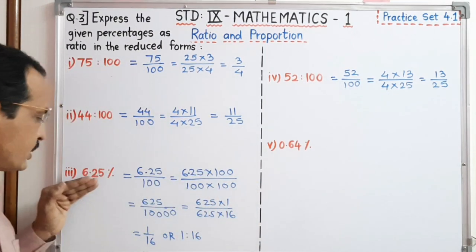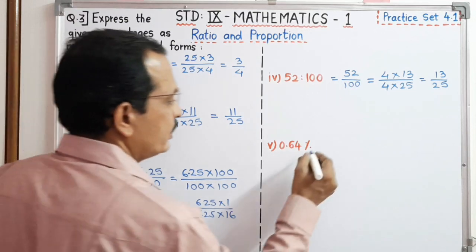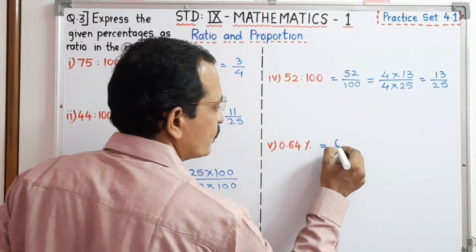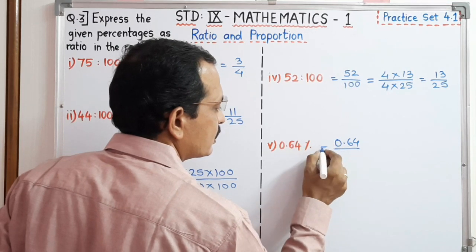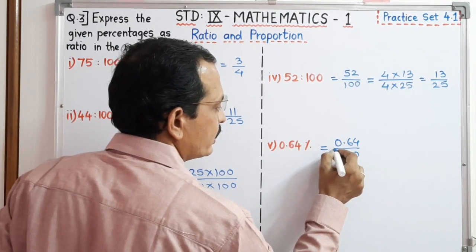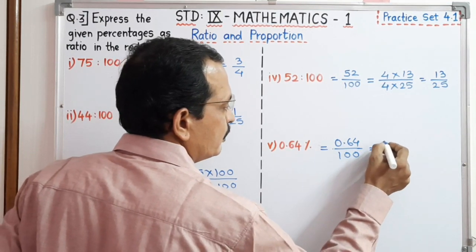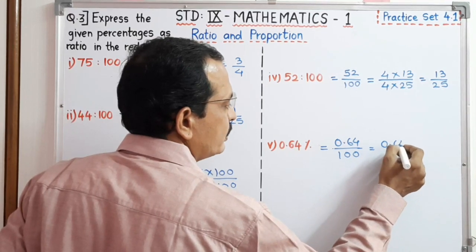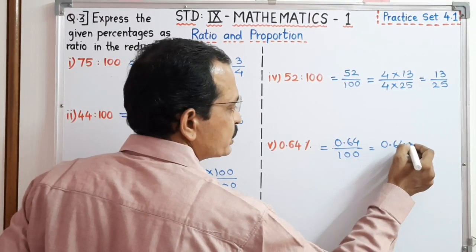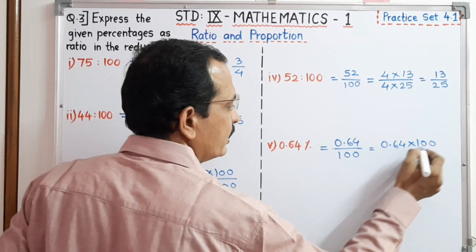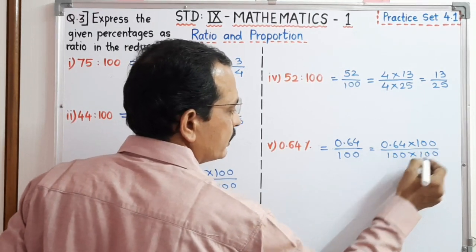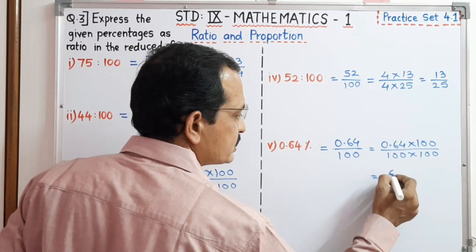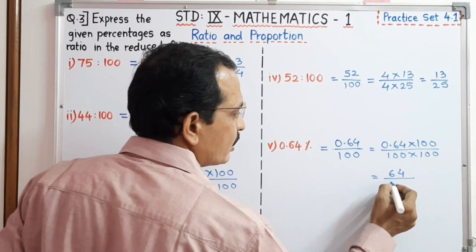It is the same as that of 6.25. Here we can write 0.64 upon 100. Then multiply 0.64 into 100, and here also 100 into 100. Now we got here 64 upon 10,000.